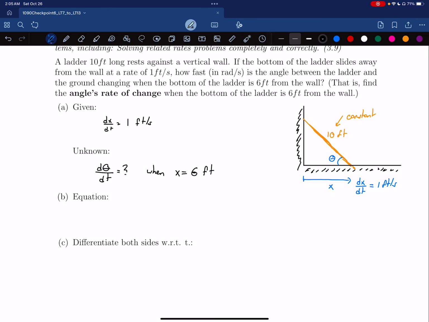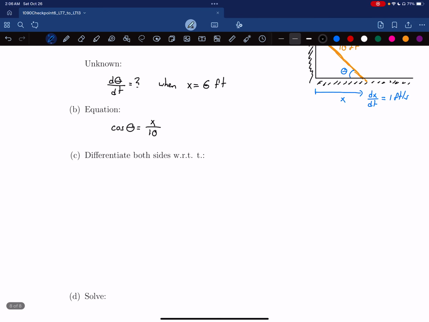An adjacent value and hypotenuse value makes me think cosine. So cosine of theta. And what is that adjacent value? Well, that would just be x. And the hypotenuse value will be 10, because that's a constant. So there we go, that's our equation.